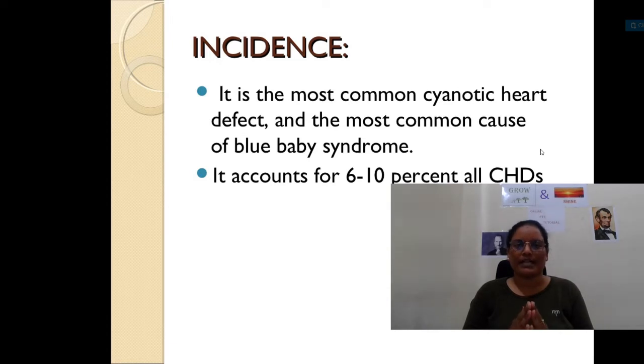At that time the child shows symptoms like the lips becoming blue, the nail beds becoming blue, and difficulty in breathing. It accounts for 6 to 10% of all cardiac heart diseases.